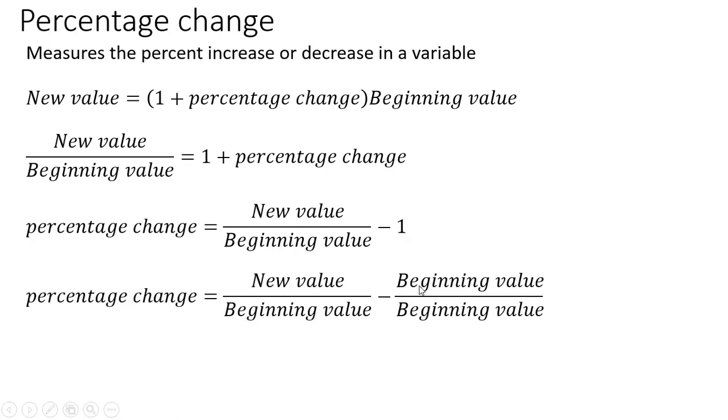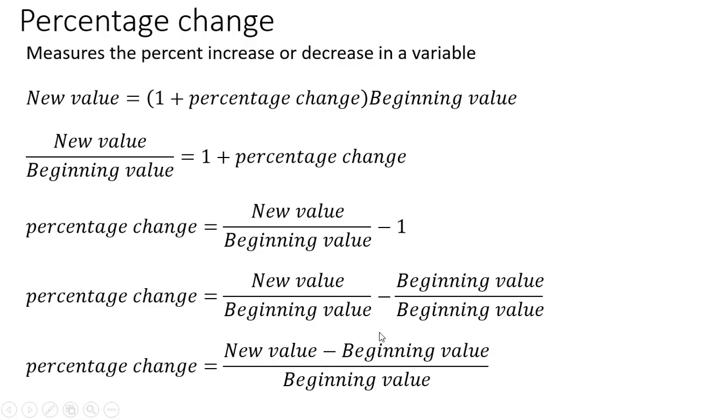Recognizing that minus 1 can be thought of as minus beginning value divided by beginning value. And then collecting the fractions here on the right-hand side. Our percent change formula can simplify down to new value minus beginning value divided by the beginning value.